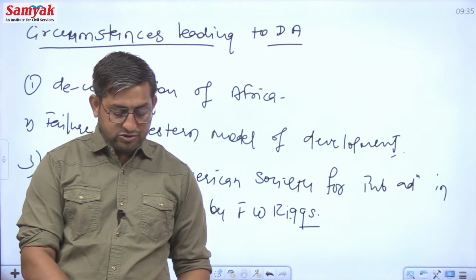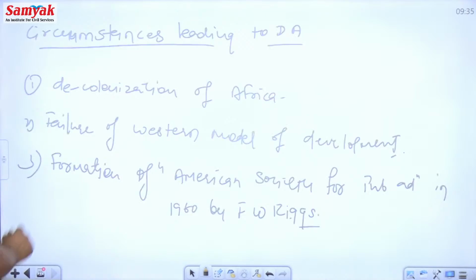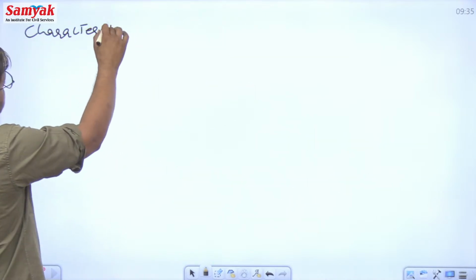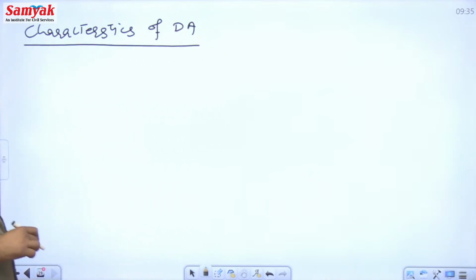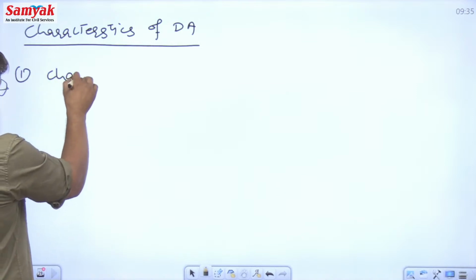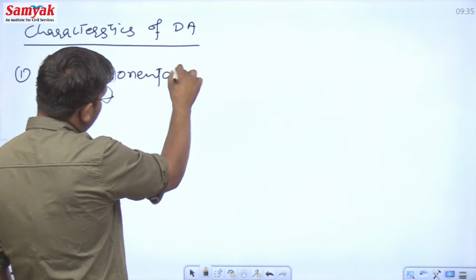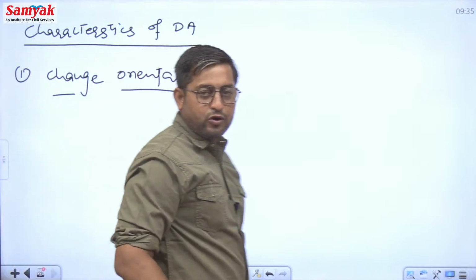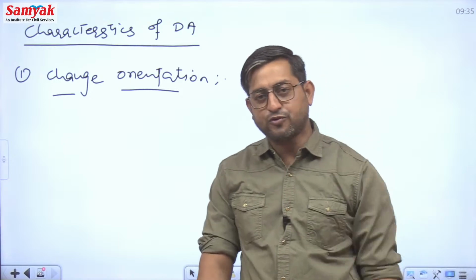So now coming to the question: what are the major characteristics of DA? This is a very important question of DA. One is the change orientation. The biggest problem in the traditional public administration, and you can realize this problem in India also, is that the major shortcoming of the bureaucracy is the maintenance of the status quo.